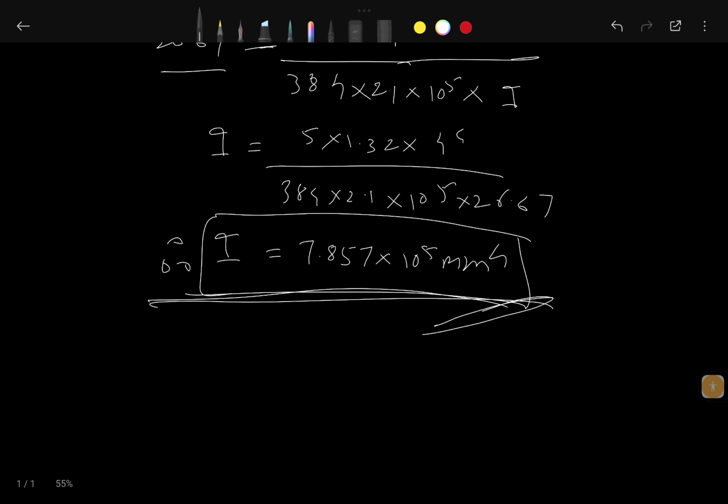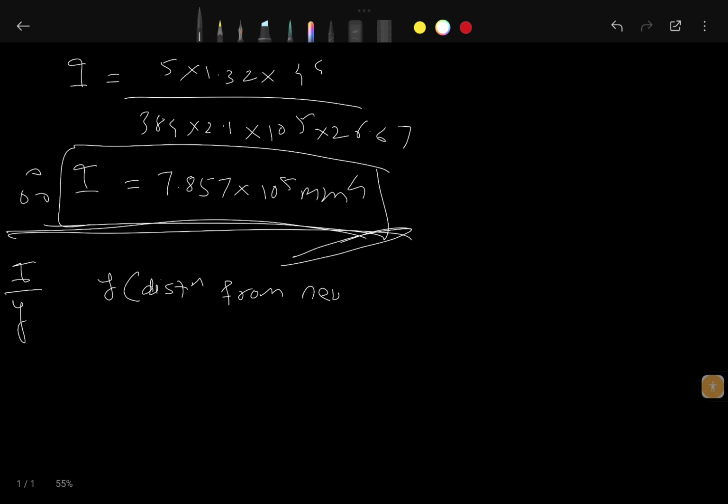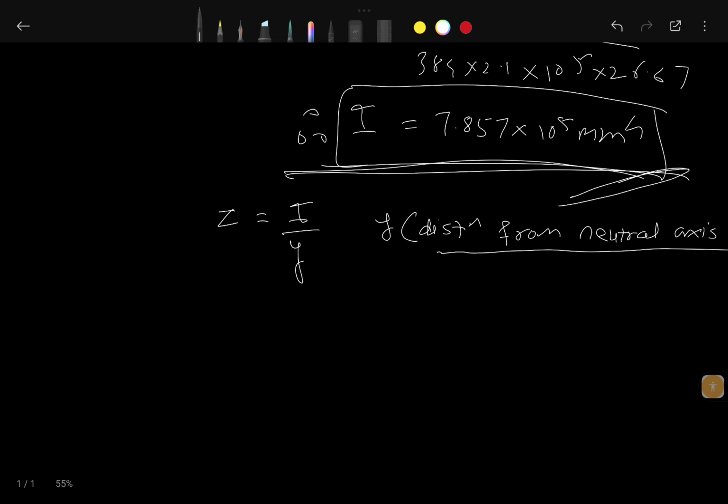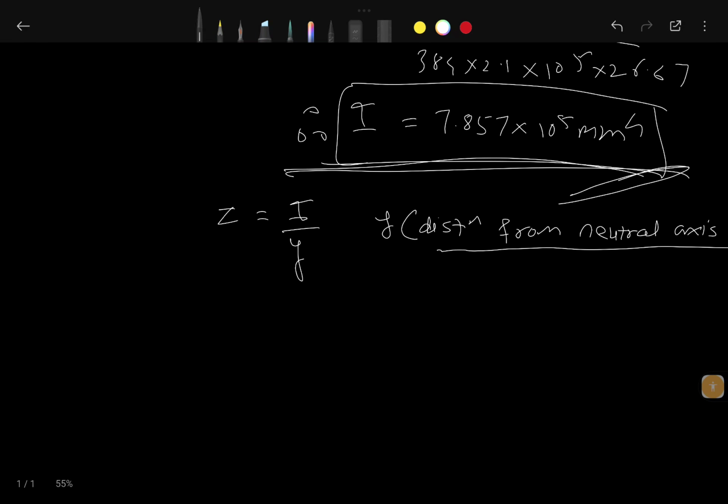Now Z is equal to I by Y, where Y is the distance from neutral axis to extreme fiber.